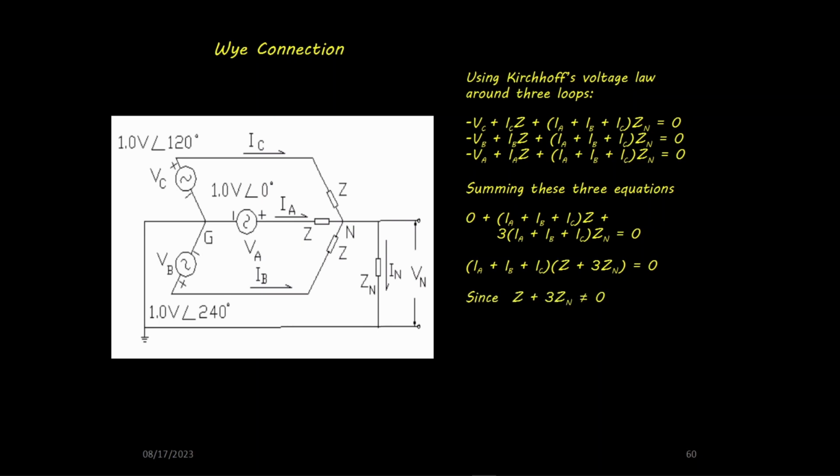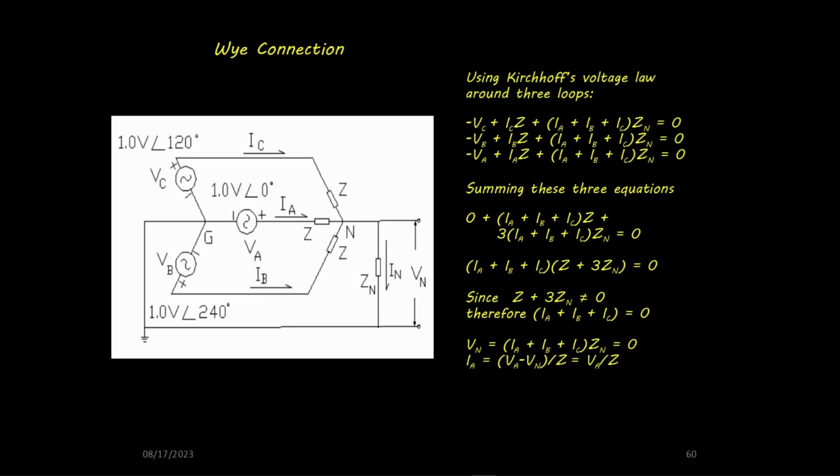Since Z plus 3 times Zn does not equal 0, therefore, Ia plus Ib plus Ic must equal 0. Vn equals (Ia plus Ib plus Ic) times Zn equals 0. Therefore the neutral to ground voltage is 0 for a balanced system.